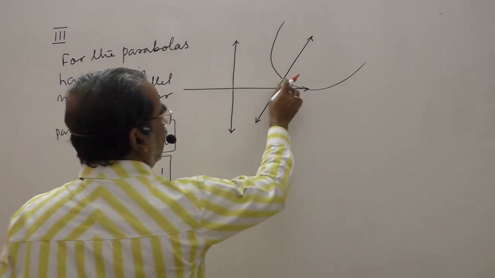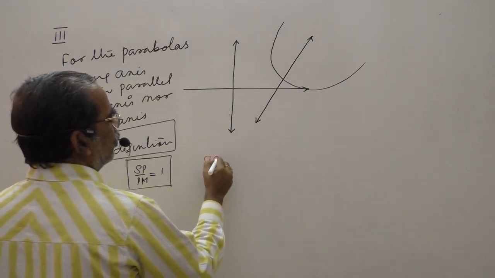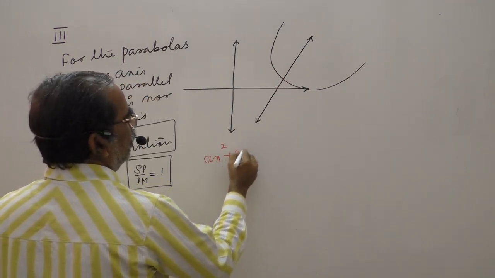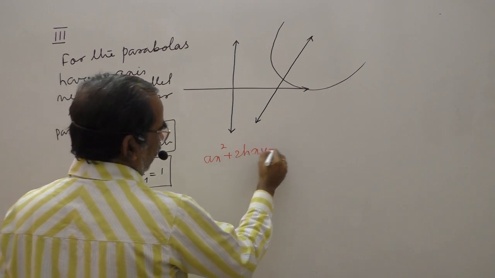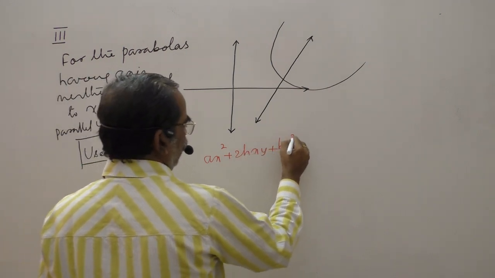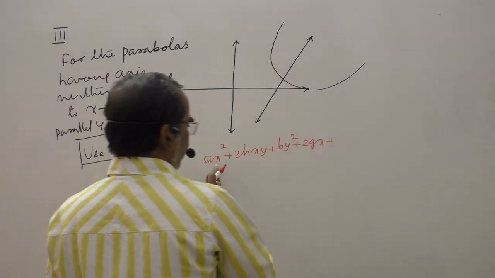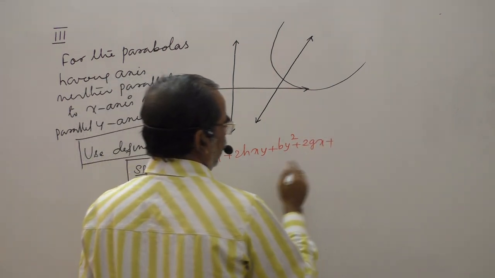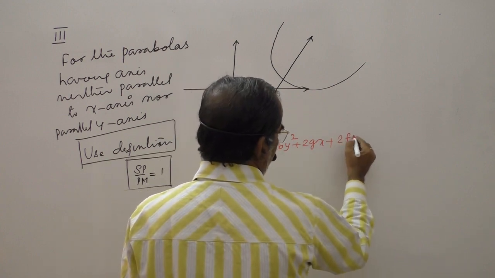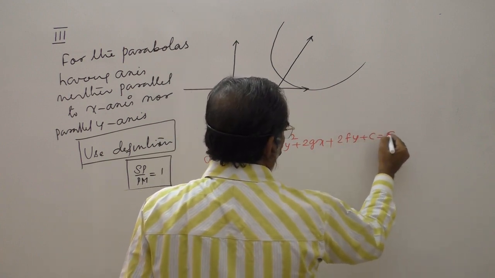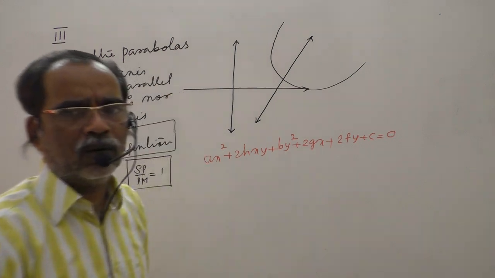Then you will get the equation like this. If you simplify completely, then the equation will be in this form: Ax square plus 2hxy plus by square plus 2gx plus 2fy plus c equal to 0.